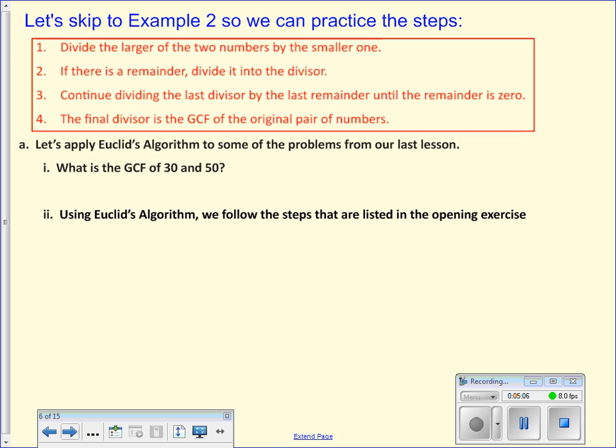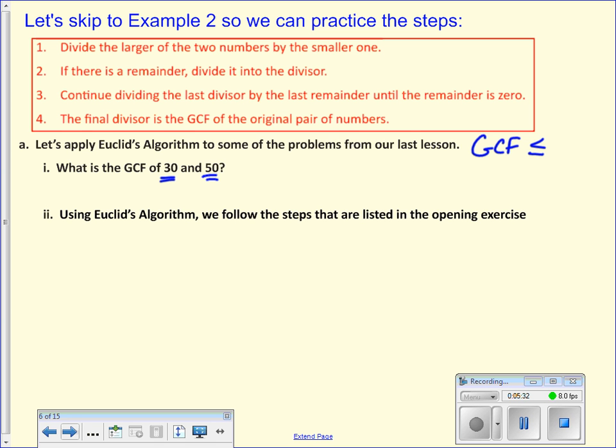Okay. Now, let's think about a reasonable answer. If my two numbers are 30 and 50, I know that my GCF has to be what? How can I tell if it's reasonable? My GCF will be less than or equal to what?